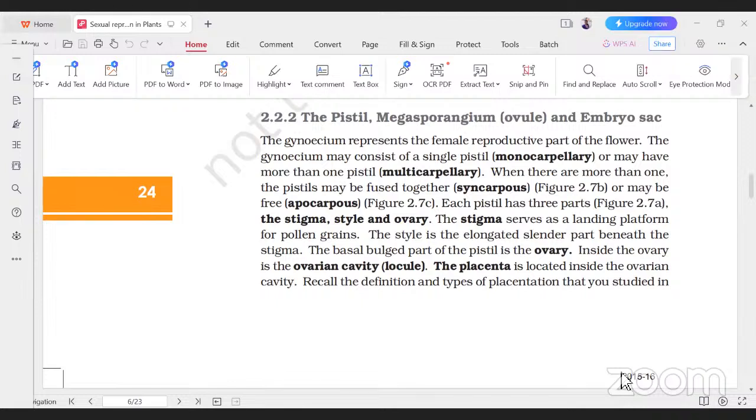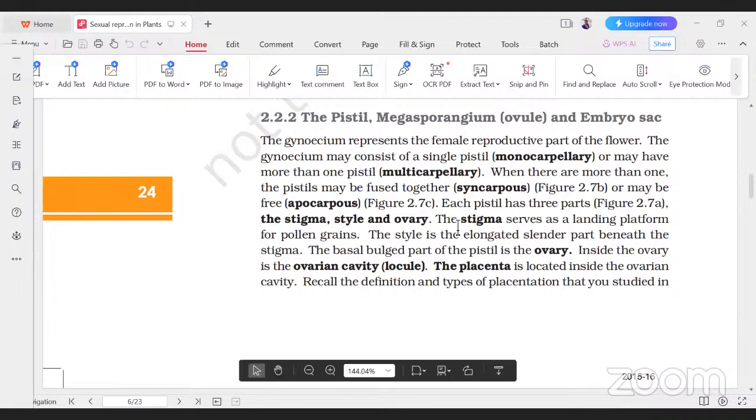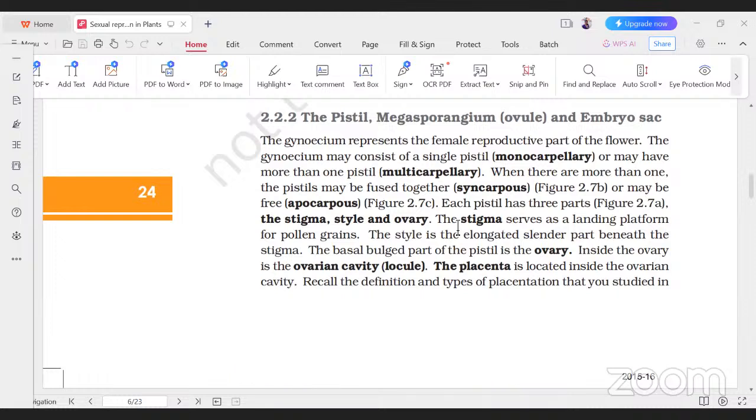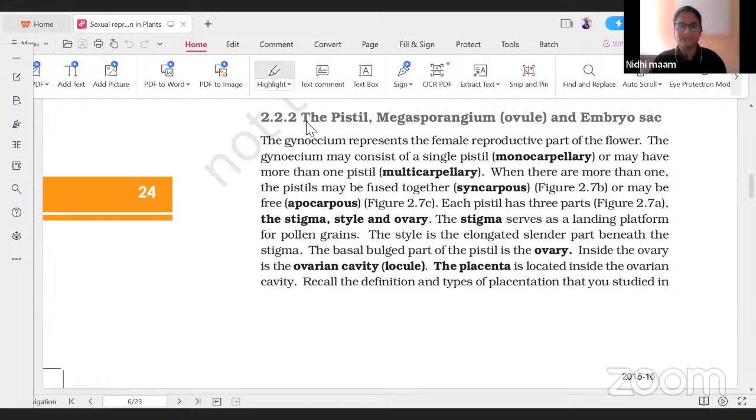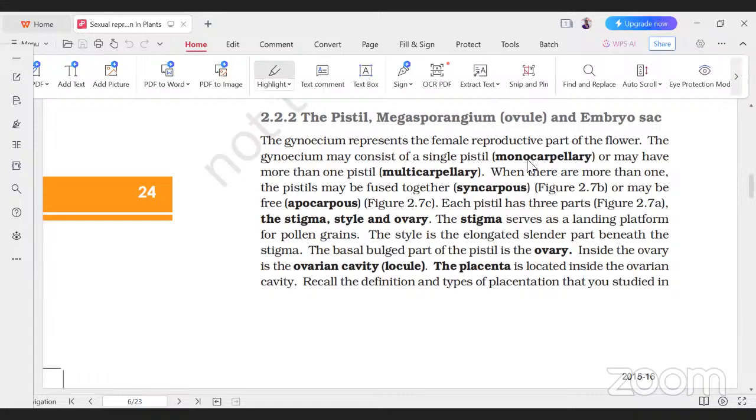The gynoecium represents the female reproductive part of the flower. The gynoecium may consist of single pistils, monocarpellary, or may have more than one pistil, multicarpellary.